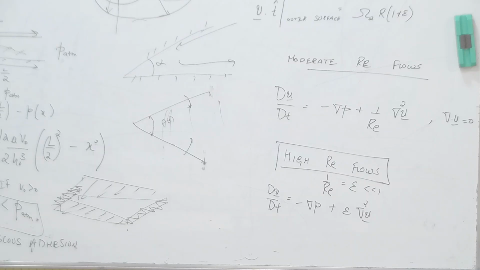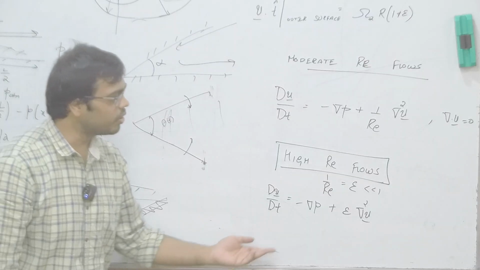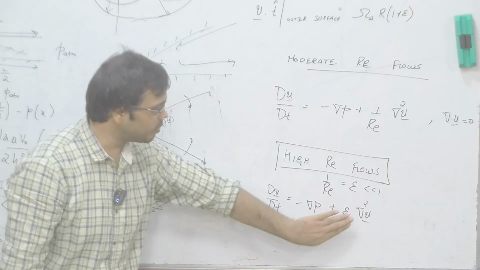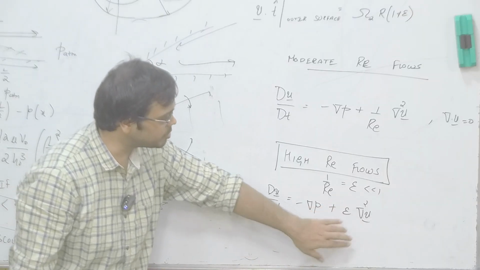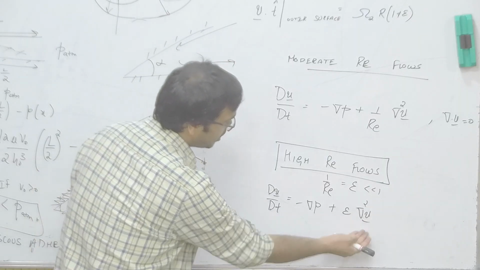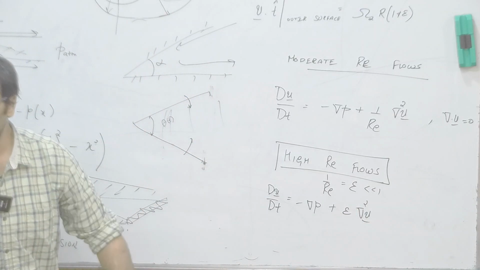Those who have learned from low Reynolds number flows will say epsilon is much less than 1, and if your non-dimensionalization is correct, del square u should be of order 1. So, this order 1 multiplied with epsilon is a smaller order, so just throw it out.